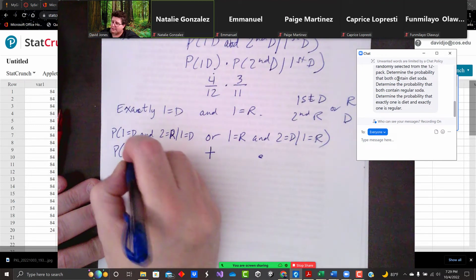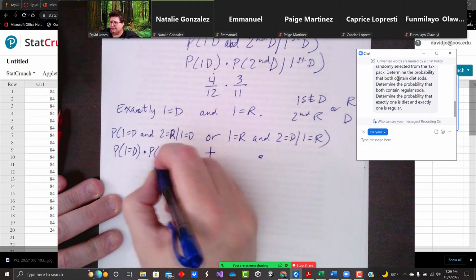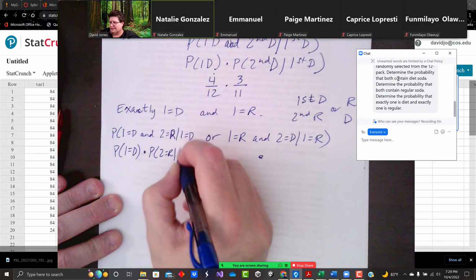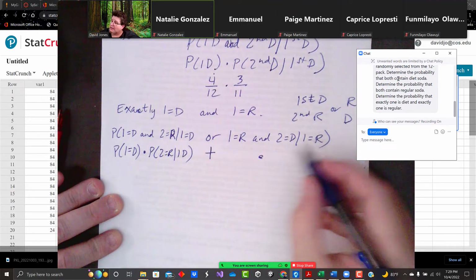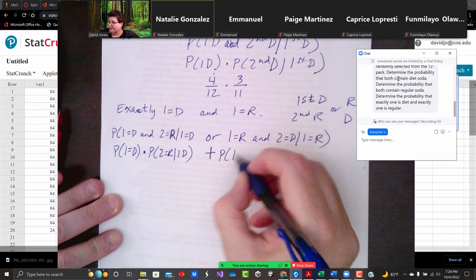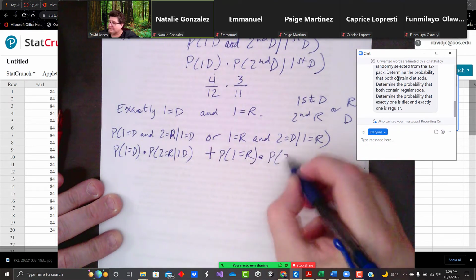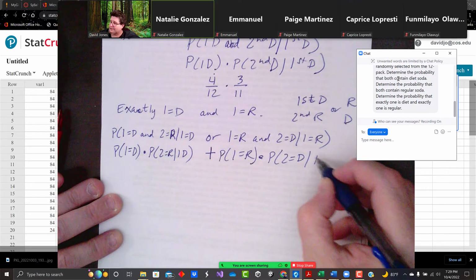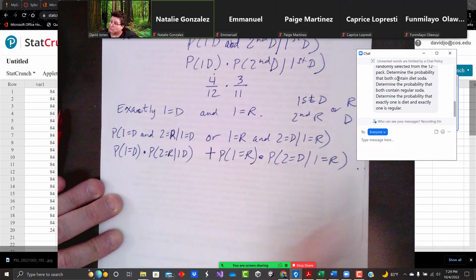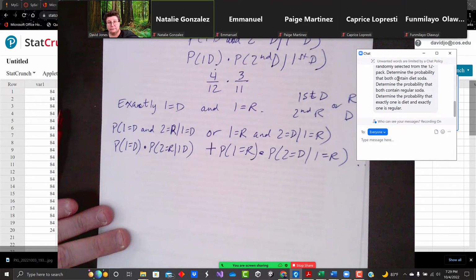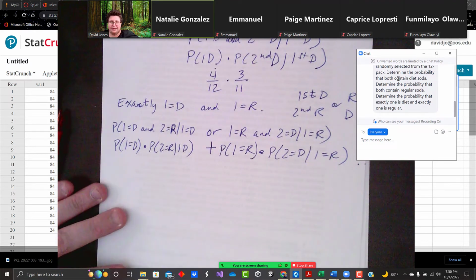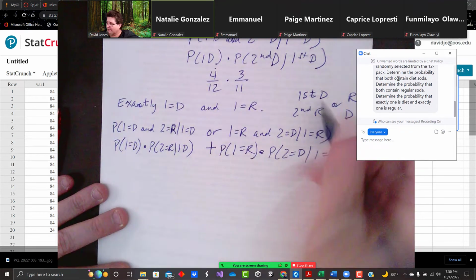Probability that the first equals diet times the probability that the second equals regular given that the first is diet, plus the probability that the first is regular multiplied by the probability that the second is diet given that the first is regular. I wouldn't write out this whole equation. I would just do each one separately. I'm just showing you where this comes from.